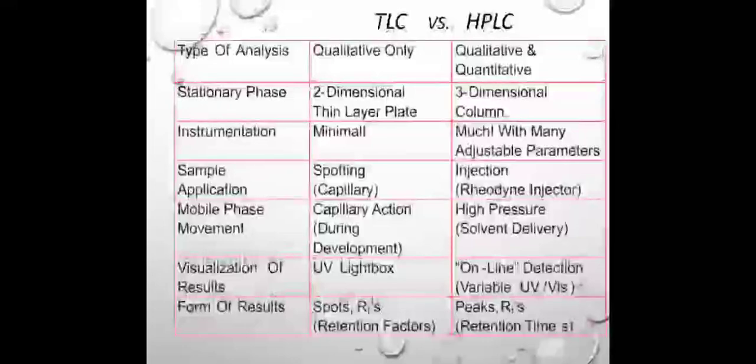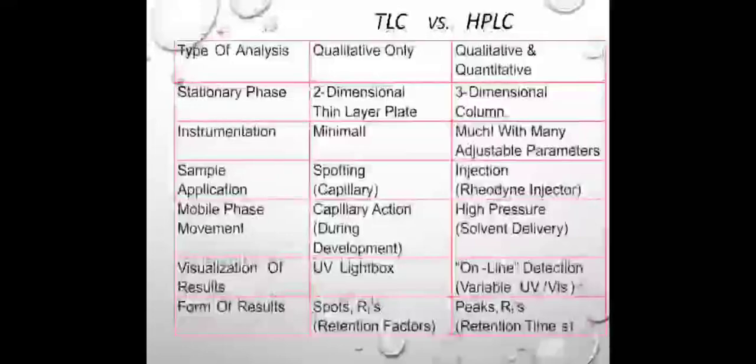Instrumentation. In TLC, we require very minimal instrumentation, because just a glass plate, the spreading and a TLC chamber and developer. Just very simple equipment we are using. But if we consider HPLC, there is much more instrumentation and a number of variables we want to adjust, like the mobile phase we are using, it may be gradient or isocratic.